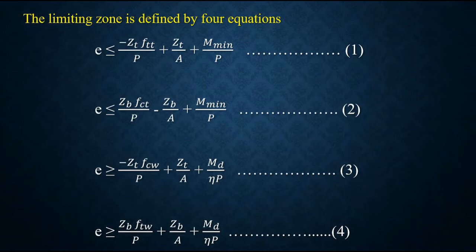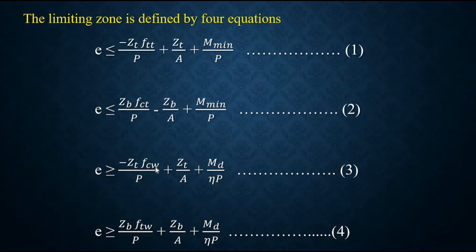So here we are using ZT, and it is for FTT. Here FTT means we are using permissible tensile stress at the transfer stage. The third one is negative, it is for the top section, but here we are using FCW.